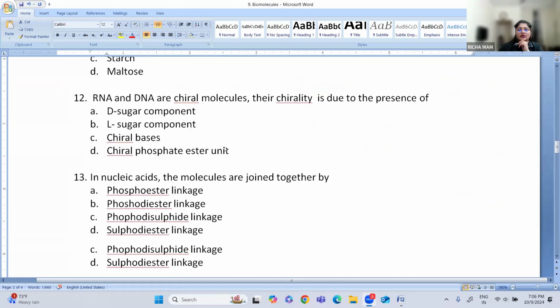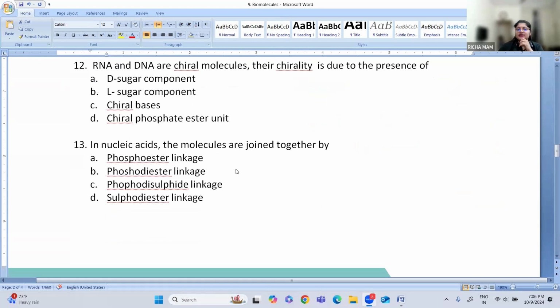Next. In nucleic acid, the molecules are joined together by: phosphoester linkage, phosphodiester linkage, phosphodisulfide linkage, or sulfodiester linkage. Very important. In nucleic acid, how is the linkage?